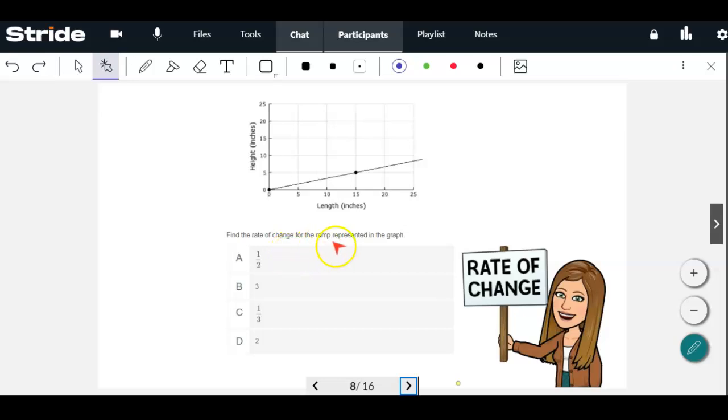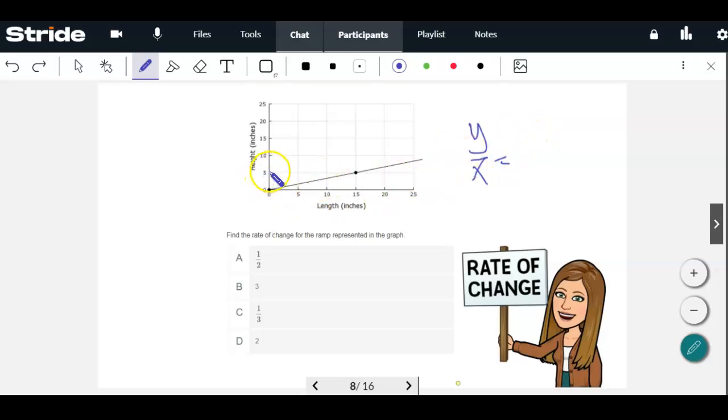So find the rate of change of the ramp represented in the graph. This is the length in inches, and this is the height. When it's 15 inches in length, the height is 5. Rate of change, remember, is just the y over the x value. So we can use that point.